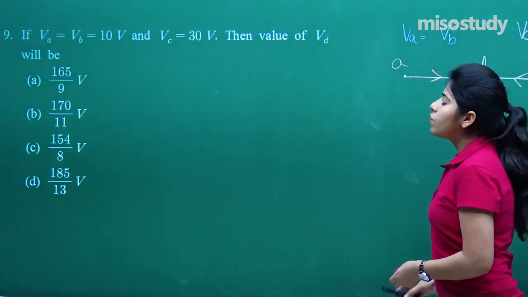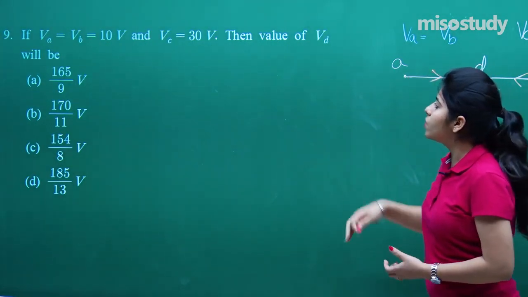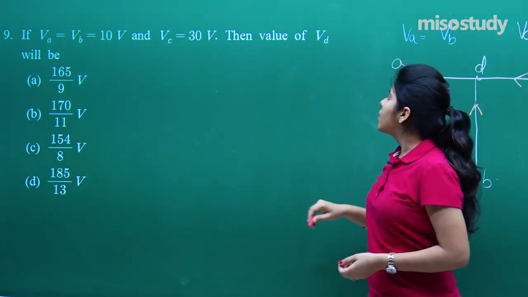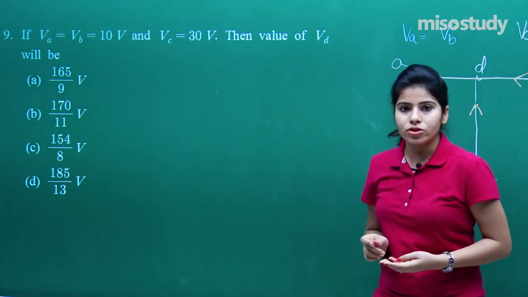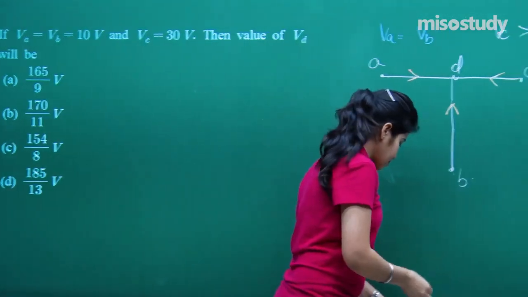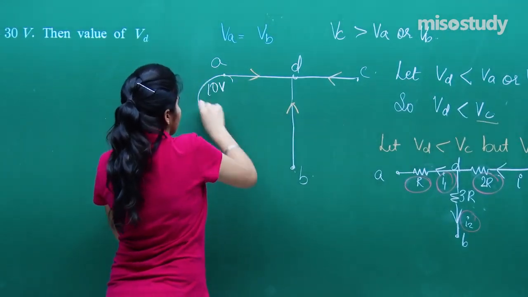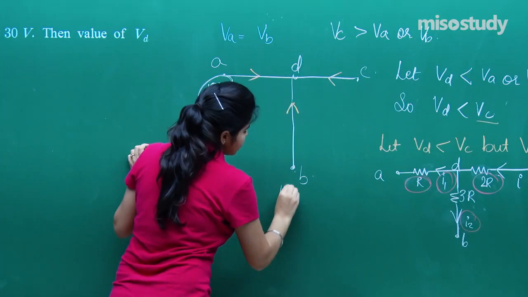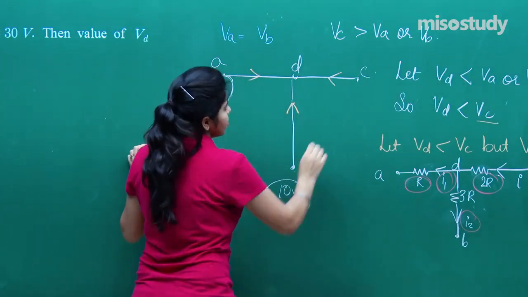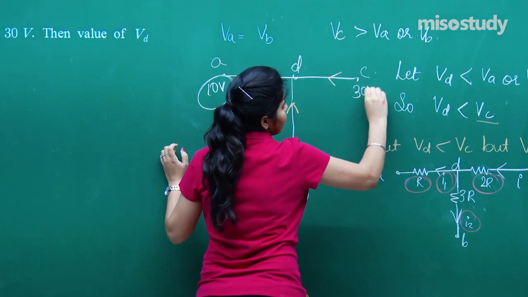Okay, if VA equals VB equals 10 volt and VC equals 30 volt, then the value of VD will be what? Okay, we have been given our figure. VA has been given as 10 volt, VB has been given as 10 volt, VC has been given as 30 volt.